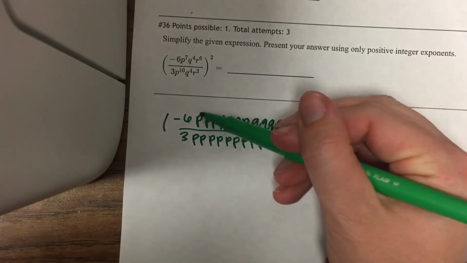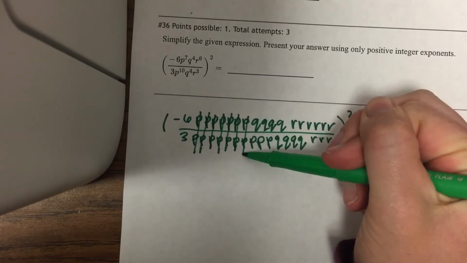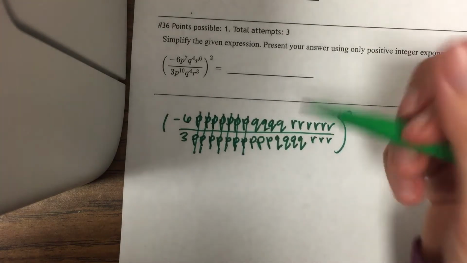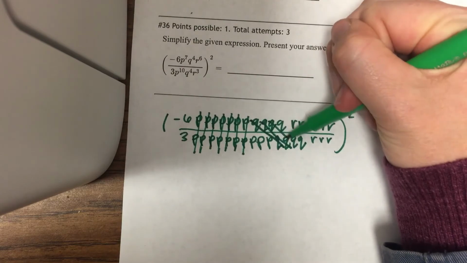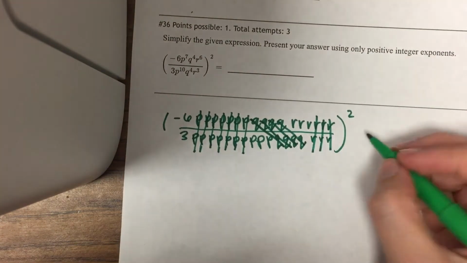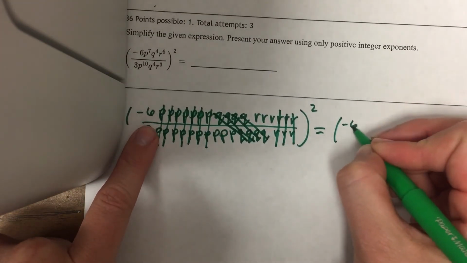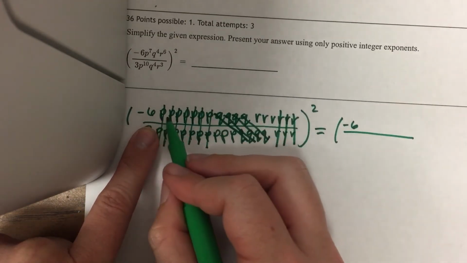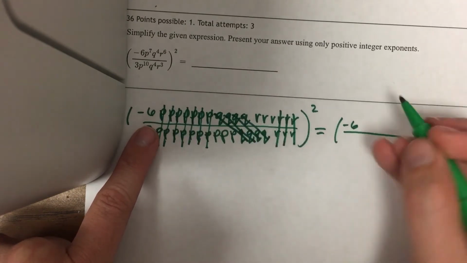So let's cancel them out. They cancel, those cancel, those cancel. Okay, P's won't cancel out anymore. Now I cancel out Q's, Q, Q, Q, and now I cancel out R, R, R. And let's rewrite it. We have -6, and then no P's, no Q's, 3 R's.